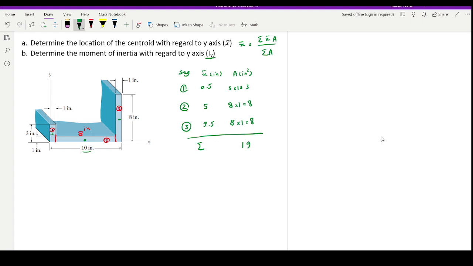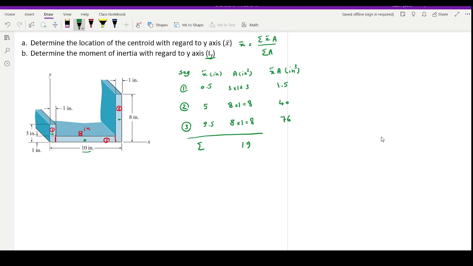Then I need to write this x dot a, and clearly that's going to be inch cube. So it's going to be half times 3, that's equal to 1.5. This one is going to be 5 times 8, that's going to be 40, and this one is 9.5 times 8, and if you do it, it's going to be 76.